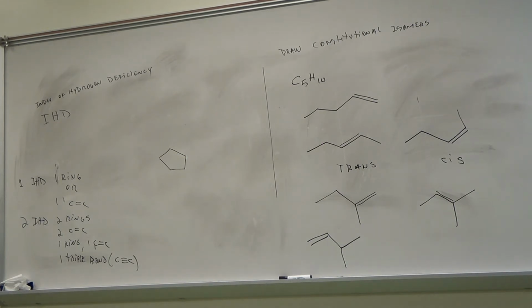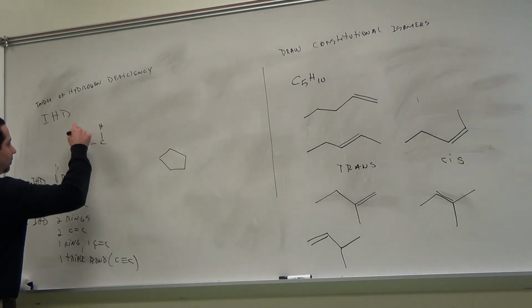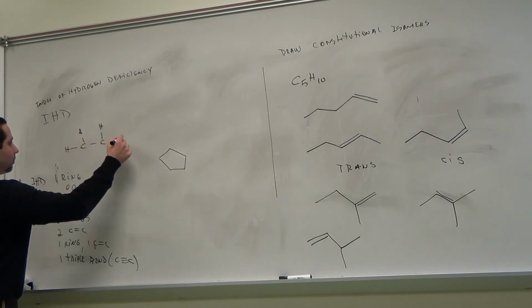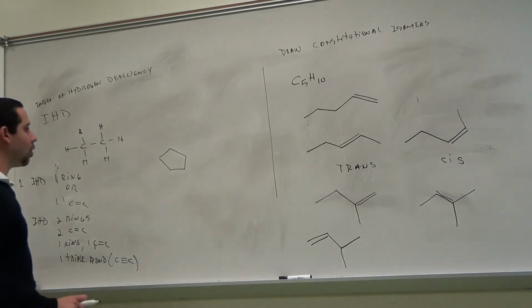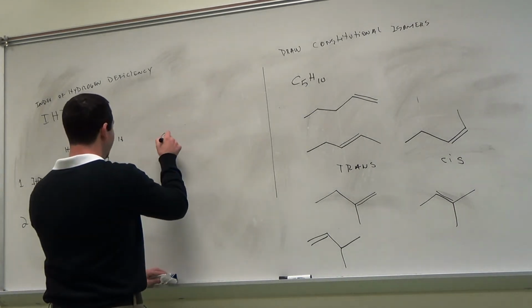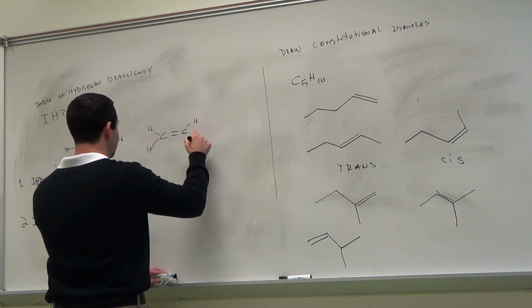And an IHD is caused because when you have a double bond, let's say you have that alkene, and you were to make a double bond between those two carbons. What have you taken off? Two hydrogens.